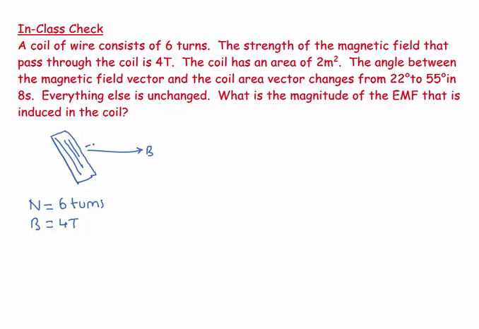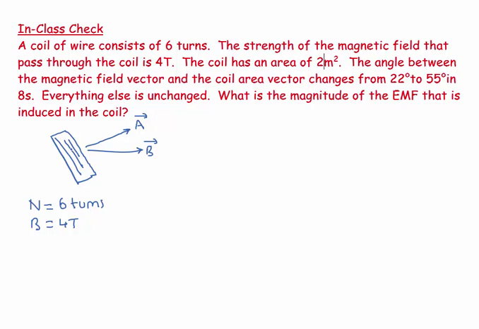And I'm going to show the area vector. The area vector is defined as having the magnitude equal to the area of the coil in square meters, and a direction which is perpendicular to the plane of the coil. There's two possibilities. One's going out this way and one's going out that way.